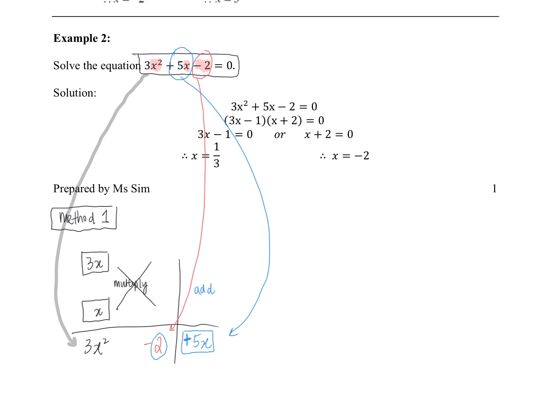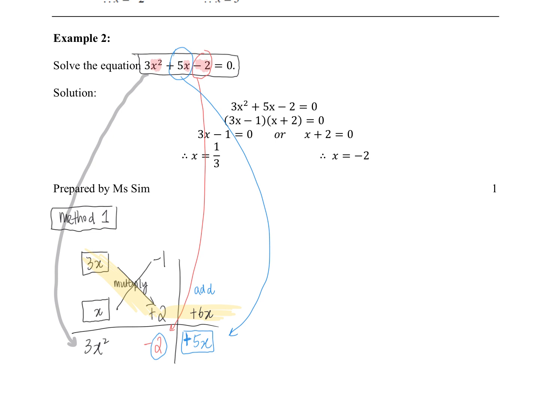Okay, my bad. Okay, so technically, can I say that I should put a plus 2 here so that when I multiply 3 with +2, it gives me +6x. Okay, and then the other side, in order to get -2, I must multiply with -1, right?